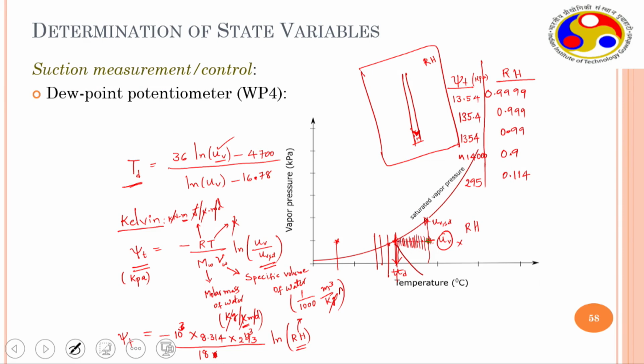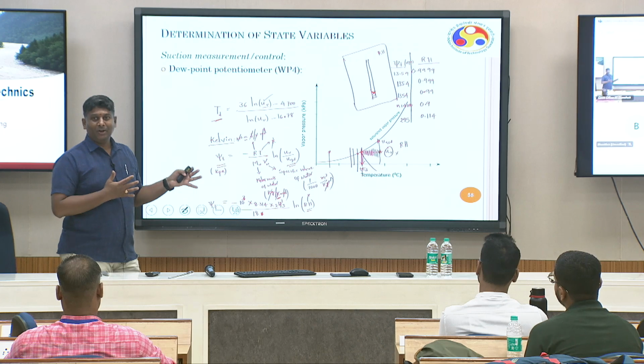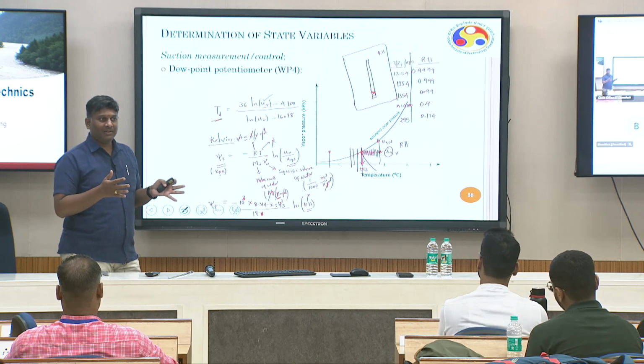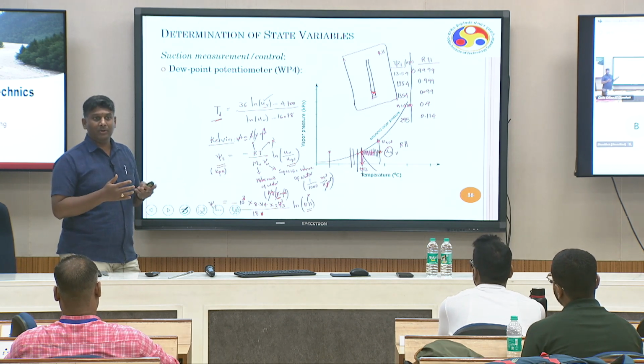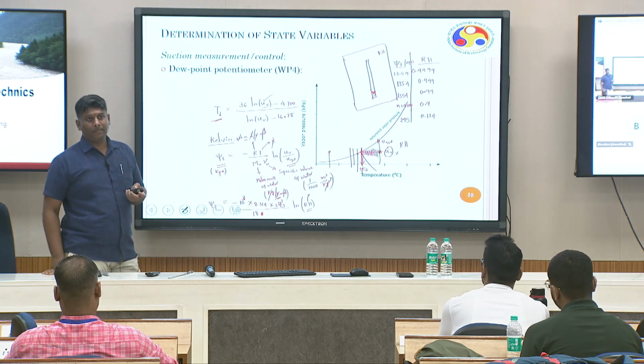For a higher RH, 99.99, 99.9, the measurable suction is very difficult, it's highly sensitive. So detectable suction is beyond 2000 kilopascal. The osmotic technique is for less than 2000, 3000 kilopascal. This method is good for beyond 2000 kilopascal.